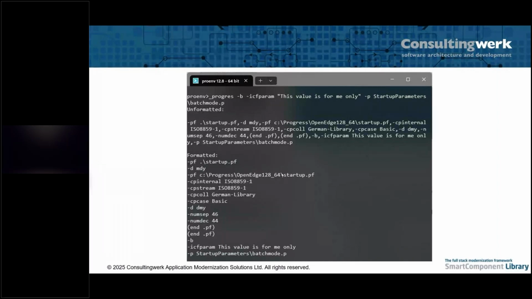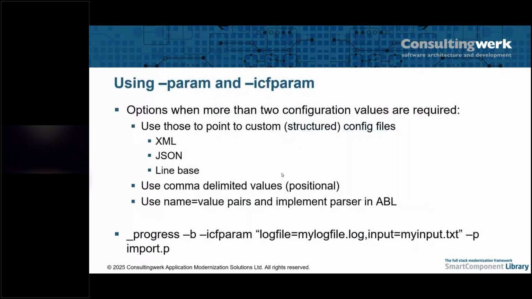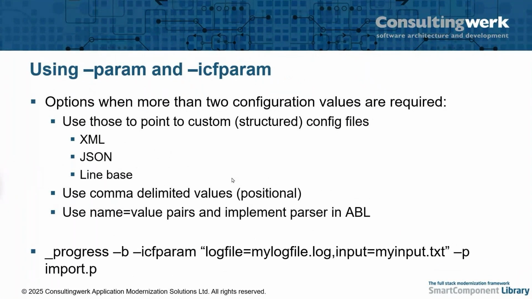Yeah, quoted value there. I've in this sample -ICF param. This value is for me only with spaces and quotes. When you query session column ICF parameter to know the value, you get the unquoted value then as a result. So one use case could be that you start progress -b -ICF param, and in quotes you provide configuration log file equals my log file.log and input equals my input.txt.